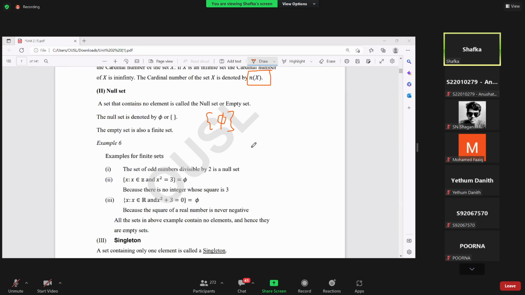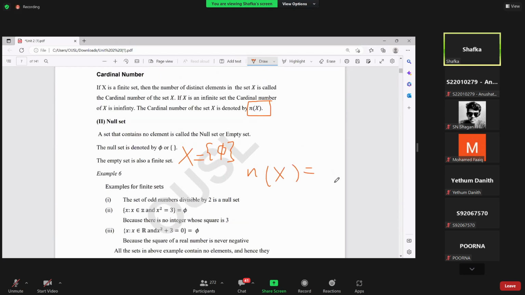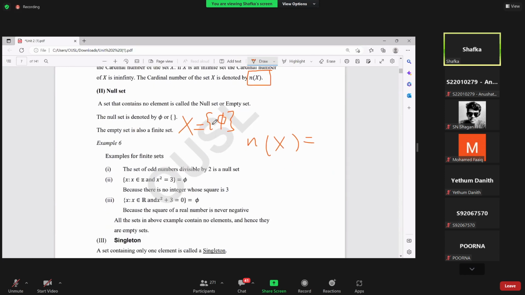What is the cardinal number of this set? 1. 1. 1. Is this correct? Is it a null set?